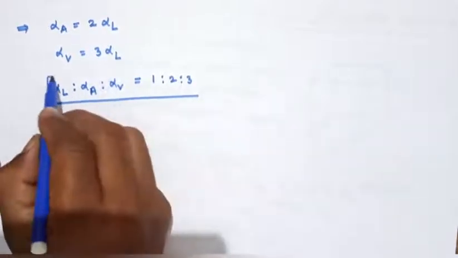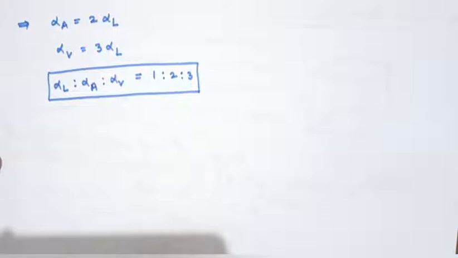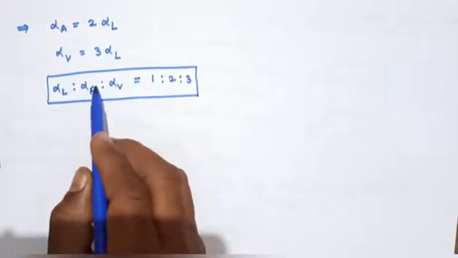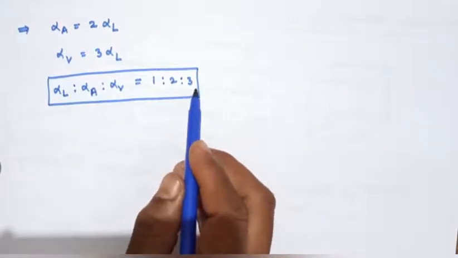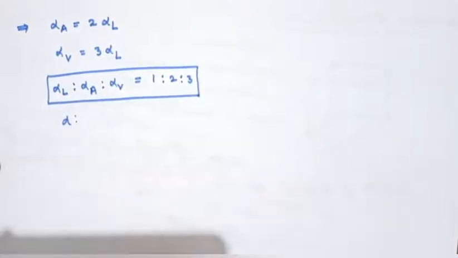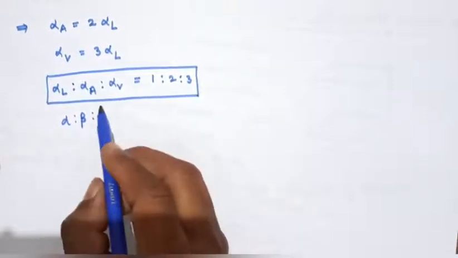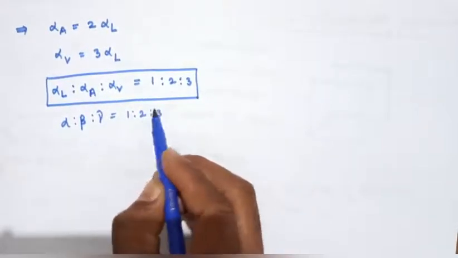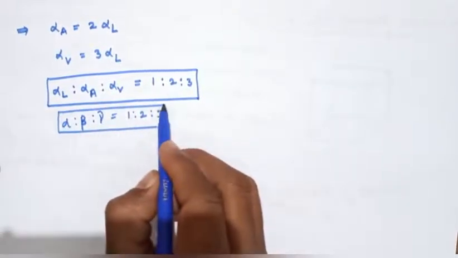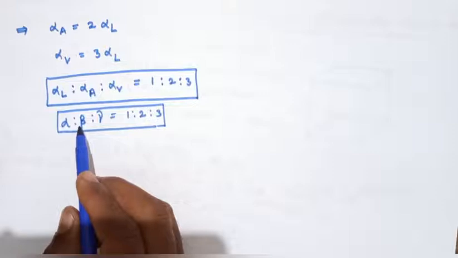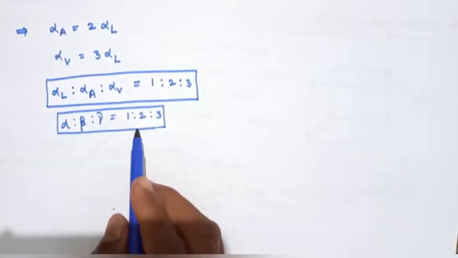This is the relation between the coefficients of linear, areal and volume expansion. In some textbooks, the coefficient of areal expansion is written as beta and the coefficient of volume expansion as gamma, in the ratio 1:2:3.